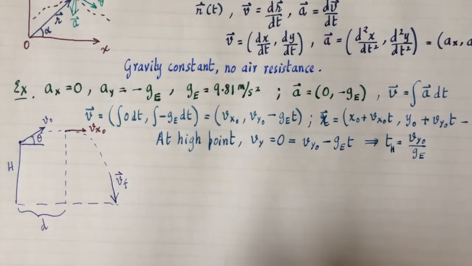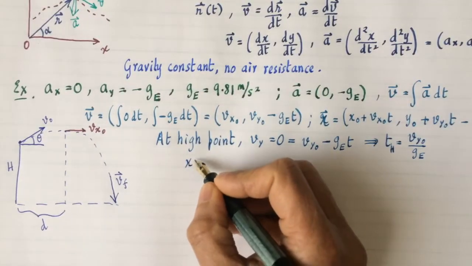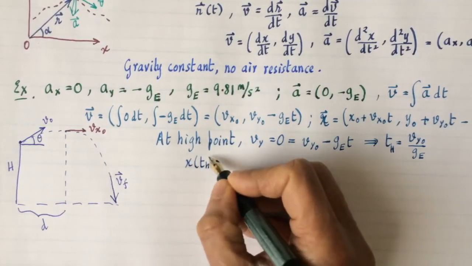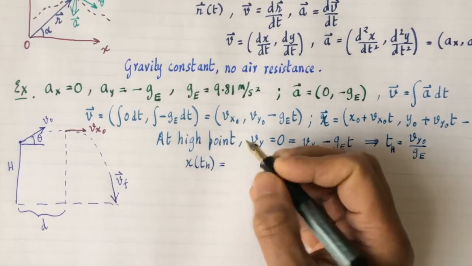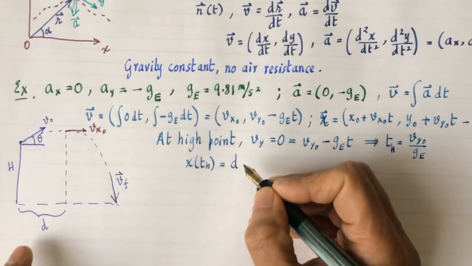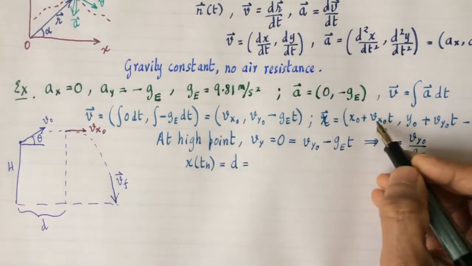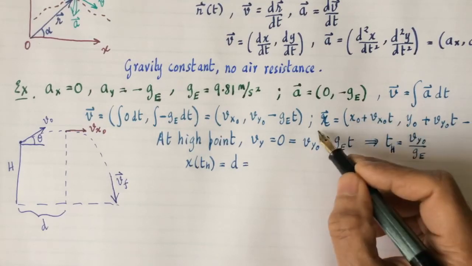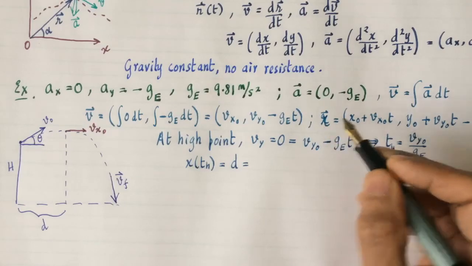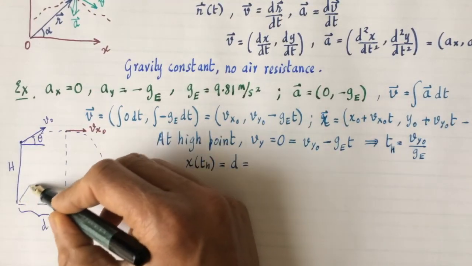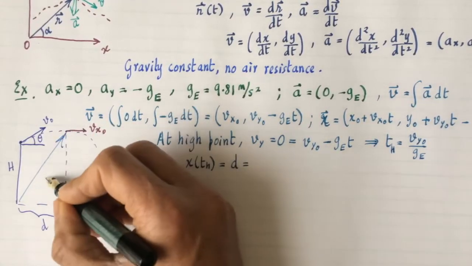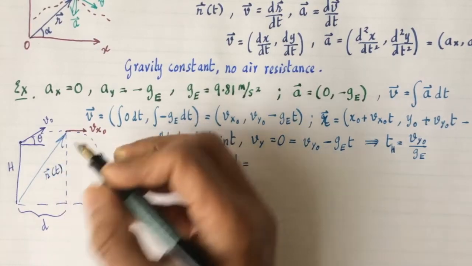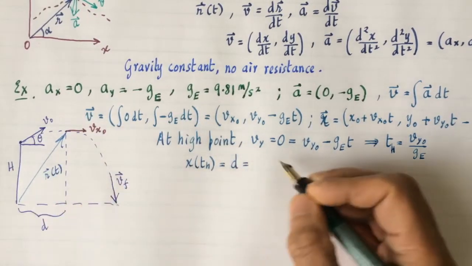Okay. Now the distance x at the highest point, which I'm calling d in this figure, can then be found using this equation, this portion, because the x component of r is what we are looking for. So this is r of t, and the x component of r of t is precisely d.